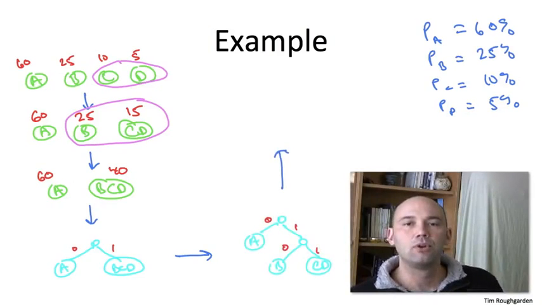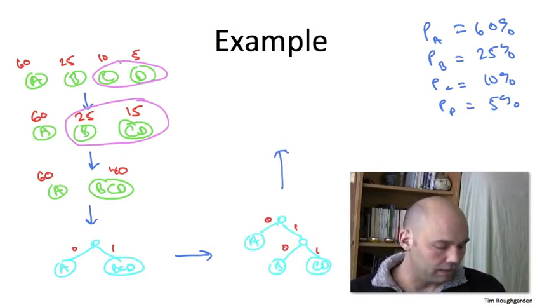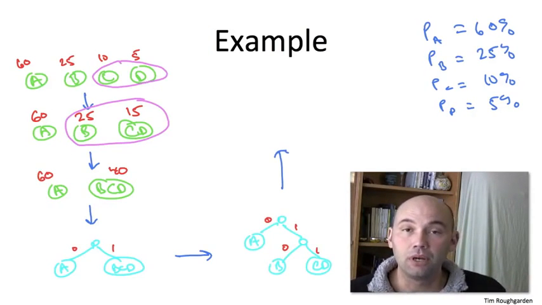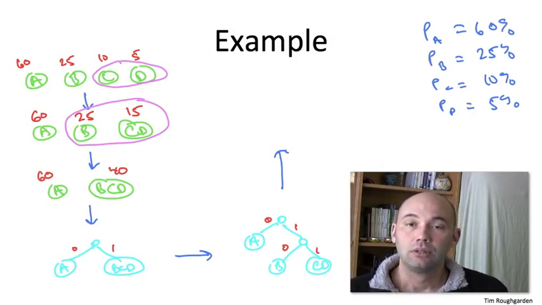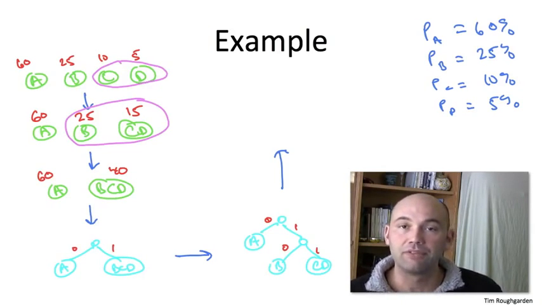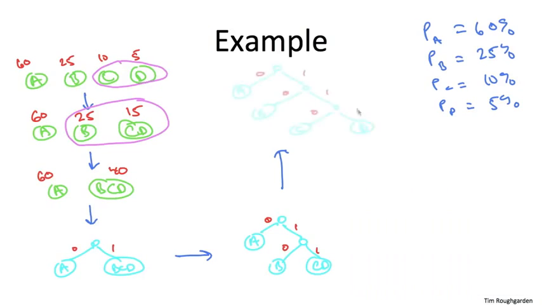So the original outermost call, what it gets from its recursive call is this tree with 3 nodes, and it has to undo its merger. It merged C and D, so it takes the leaf labeled with the symbol CD and splits it into 2. It replaces it with a new unlabeled internal node, left child C, right child D.